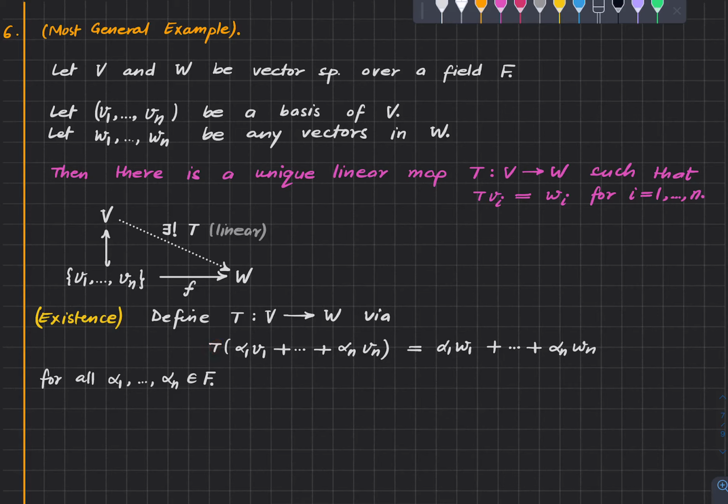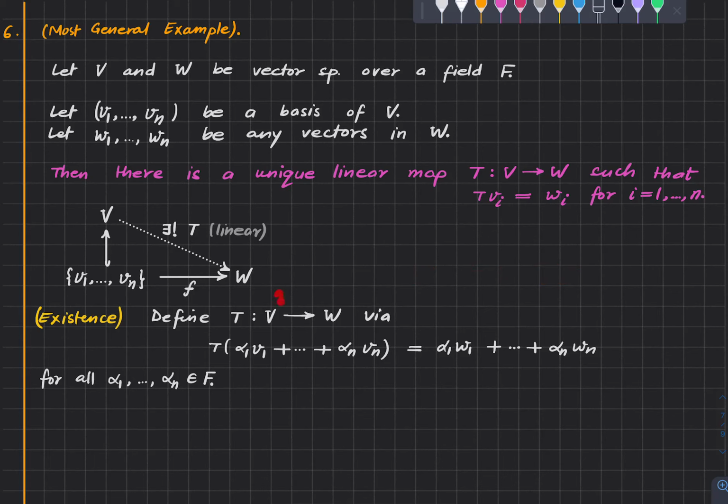Now, since v1 up to vn is a basis, for any vector v, there exist unique scalars alpha 1 up to alpha n such that this is equal to v. And now, basically, we are choosing a representation of v in terms of the chosen basis, and using that representation, we are defining our map. What you want to do is, for each vector v, decide what is T of v.